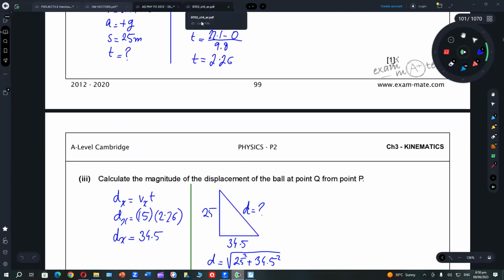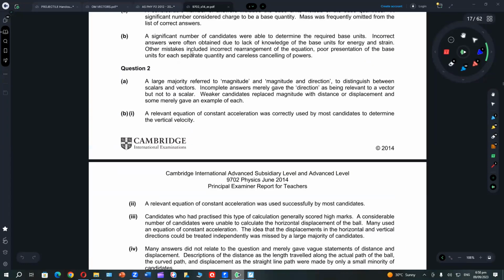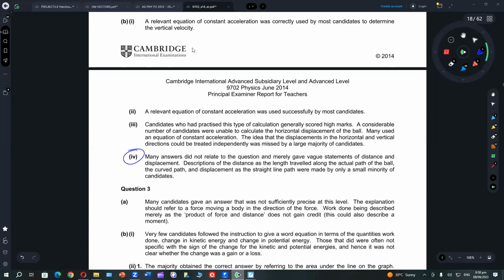I have opened the examiner report just to make a habit, because this is something helpful. And look at this part.